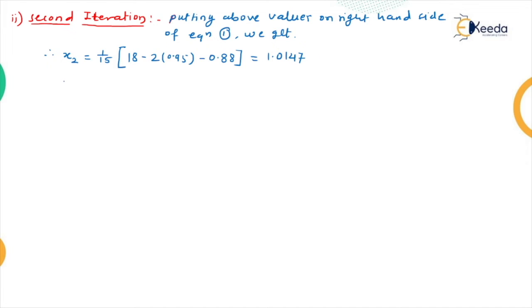Similarly, you have to take the next iteration for y, that is y2, and y2 is 1 divided by 20. You have to use the recent values, that is x1, y1 and z1.